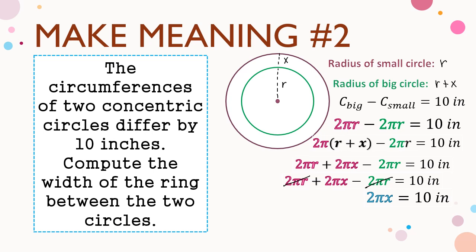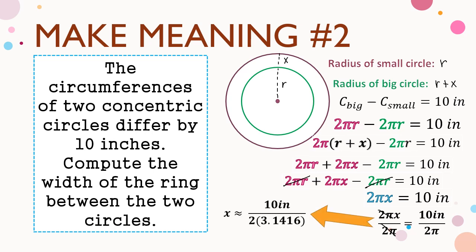Of course, our target is to find the width, so that represents the x. We need to isolate x right here, so we divide both sides by 2 pi, and there we go. We can cancel this out, and the remaining here would be x equals 10 inches divided by 2 pi.